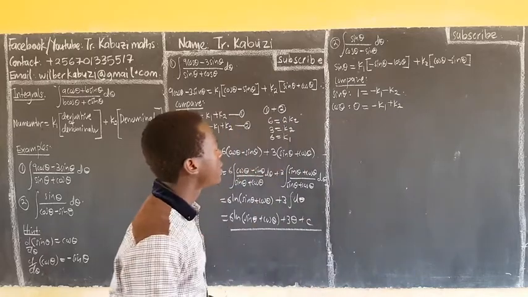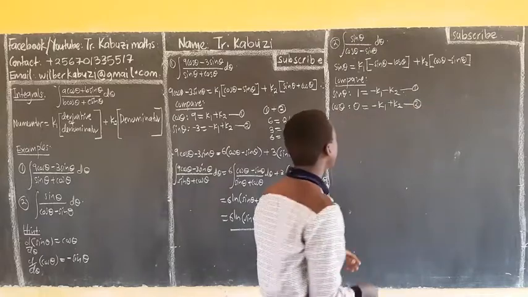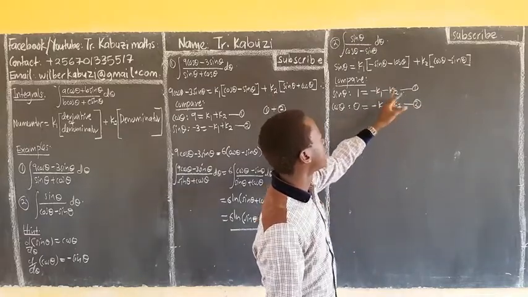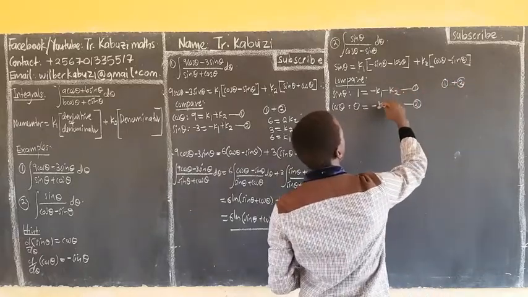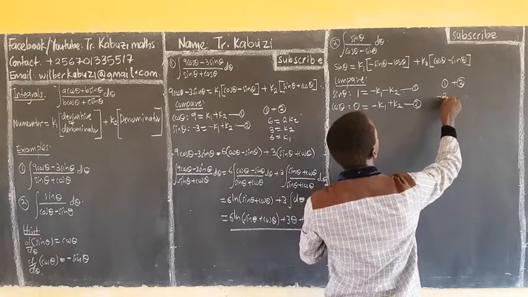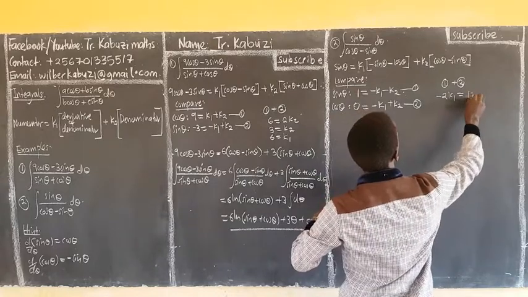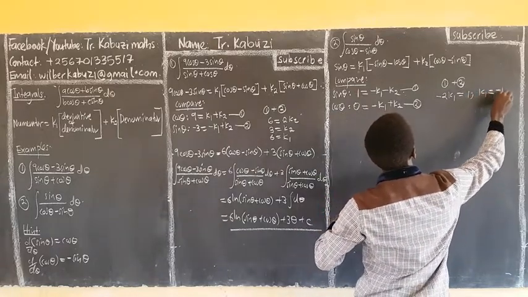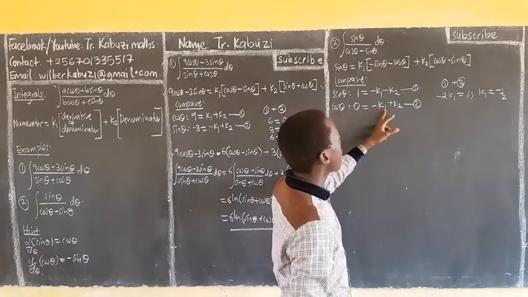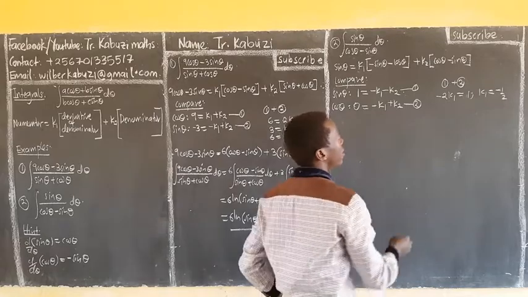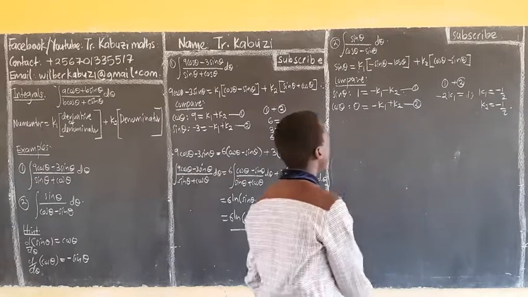This one is equation 1, and this one is equation 2. Adding 1 plus 2, the K2 terms go to 0, and we get negative 2K1 equaling 1. This implies that K1 is negative a half. From the second equation, K2 is equal to K1, so K2 is also negative a half.